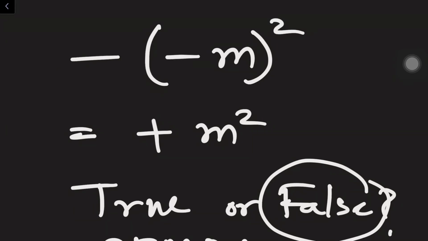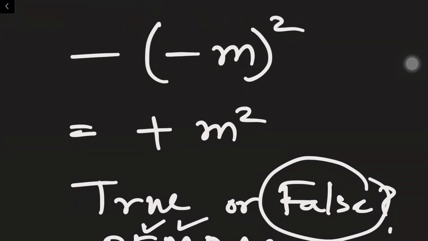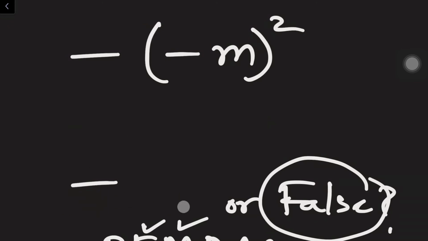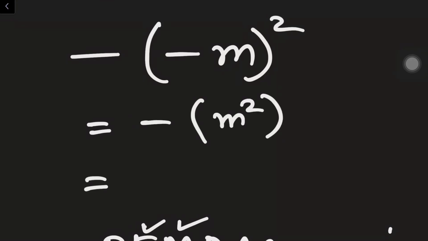That means we want to take care of the exponent first and then we want to multiply, right? So let's take care of the parentheses. That's going to give us negative m squared. Now we can multiply, so that's going to be negative m squared, okay?